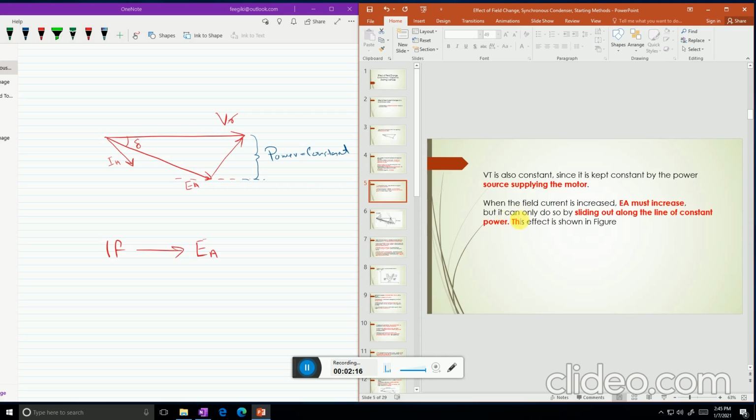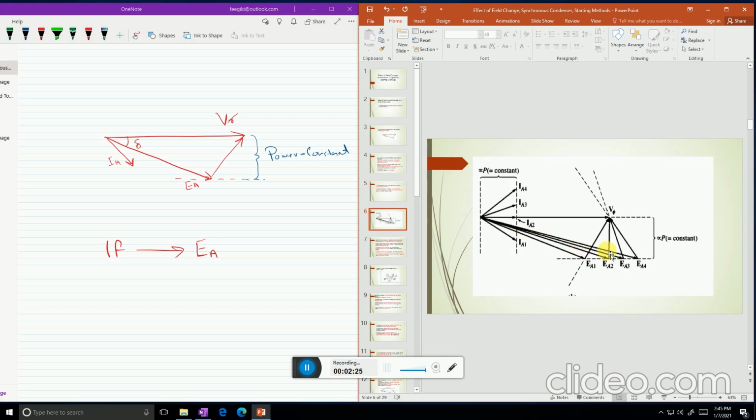EA must increase, but it can only do so by sliding out along the line of constant power. This effect is shown in the figure this way. So that's how EA will increase, along the constant line of action.